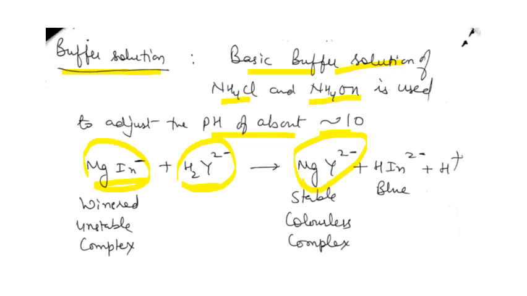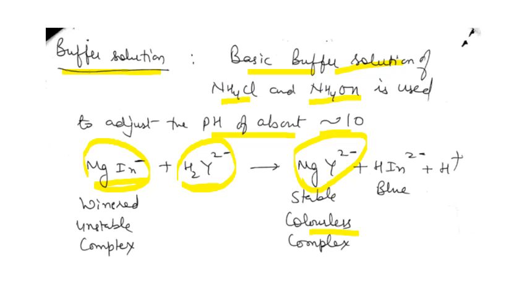Suppose magnesium is there, and EBT forms the wine red complex with the magnesium. When we titrate with EDTA, the EDTA replaces the indicator and forms a stable magnesium complex with EDTA, which is colorless.